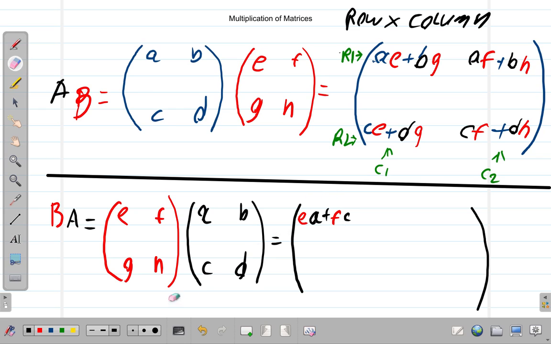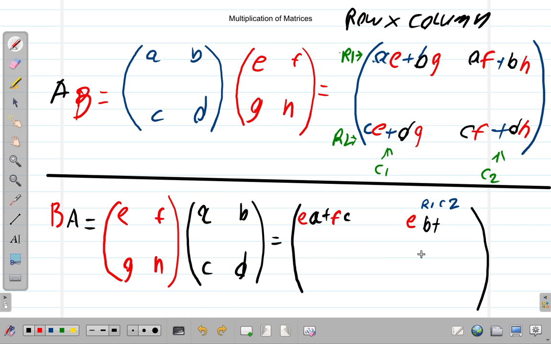Then the next thing, this is what you want. This is in row 1, column 2. So you must multiply row 1 by column 2. Row 1 in the first matrix, the first element multiplied plus second elements multiplied. The first element in row 1 is E, and multiply by the first element in column 2, B, plus then the seconds now. Remember, these are first and first, second and second. Alright?